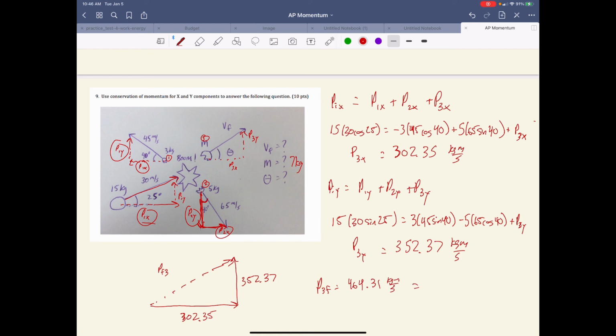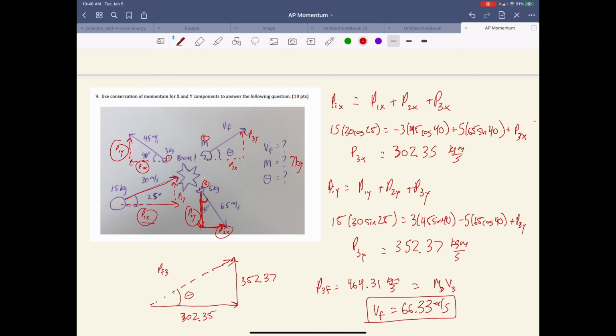And remember that's equal to m3v, the final velocity of this third object, right? Because momentum is mv. So the actual velocity is just simply going to be this divided by 7. So the final velocity for this third object is going to be 66.33 meters per second.